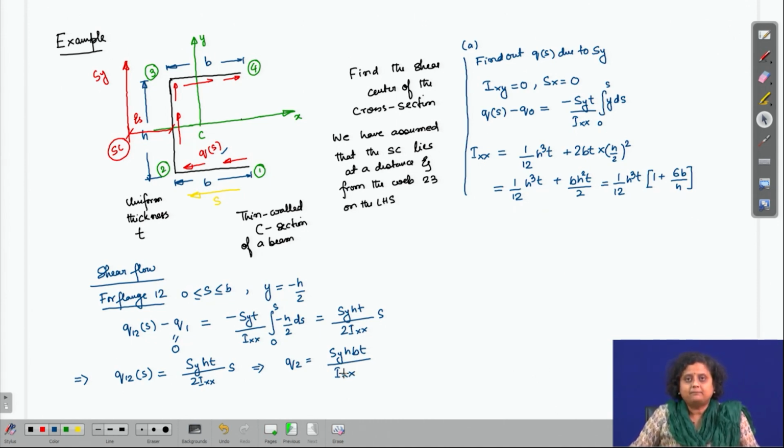By the definition of shear center, we have to take the moment because of this Qs over the entire cross section about any arbitrary point on the beam, and we have to equate it to the moment produced by Sy about the same point. Now, let us say that we choose point 3 and we take moment about point 3.